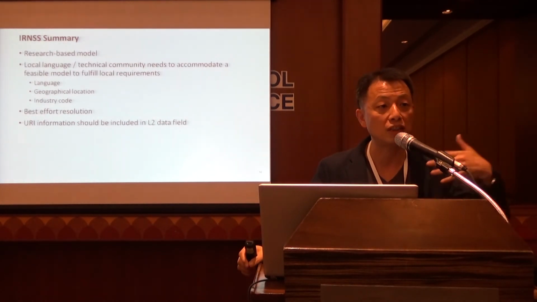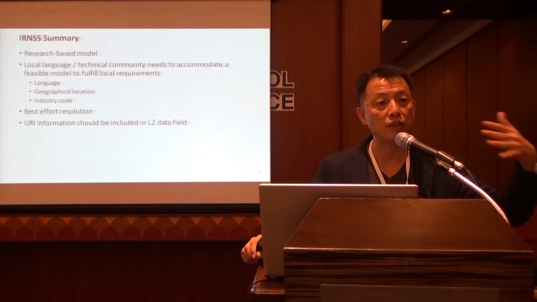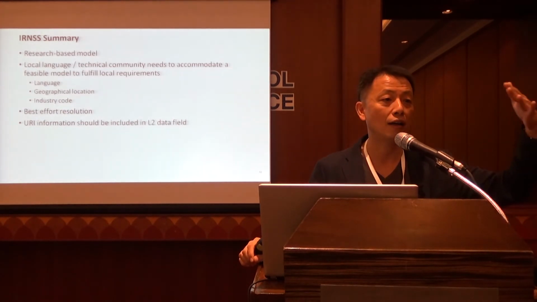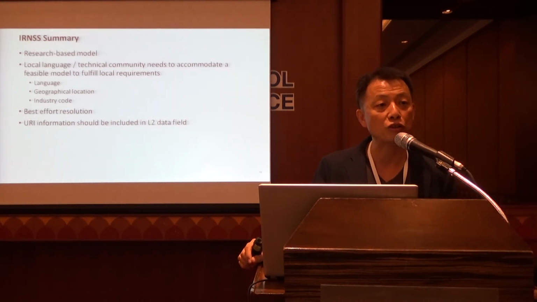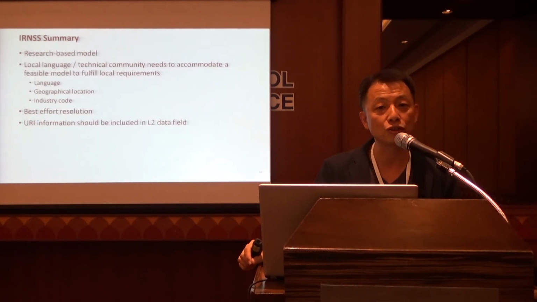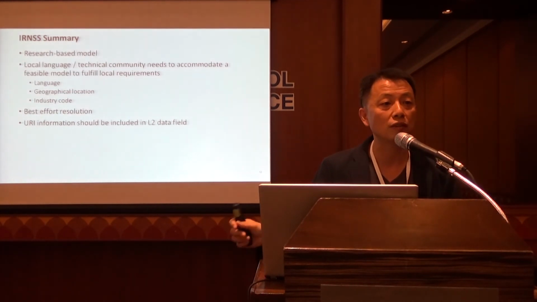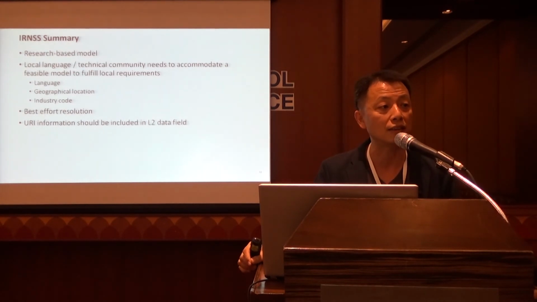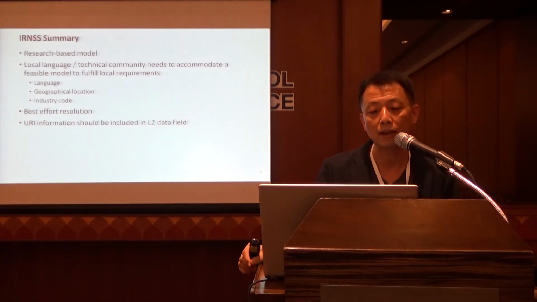For example, when you key in some string, some name, it has a language attribute, it also has a location attribute, it also has an industrial attribute. How are we going to distinguish between the 3 attributes? We didn't discuss that detail. But still, there is potential to research this problem.